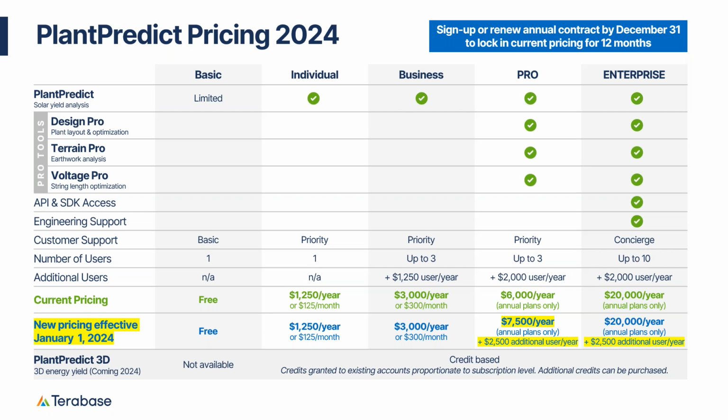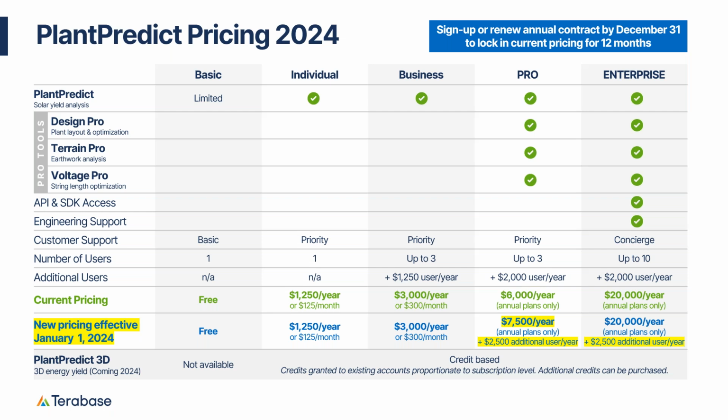We then have the individual plan that gets you a single user license of our core PlantPredict tool for as little as $125 per month, or you can prepay and get an annual plan for $1,250, which means you get 2 months for free. If you have a small team, you can get our business plan, which includes some minor volume discounting. You get 3 user licenses for $300 a month or $3,000 per year, which saves you $750 when compared to our 3 individual licenses.